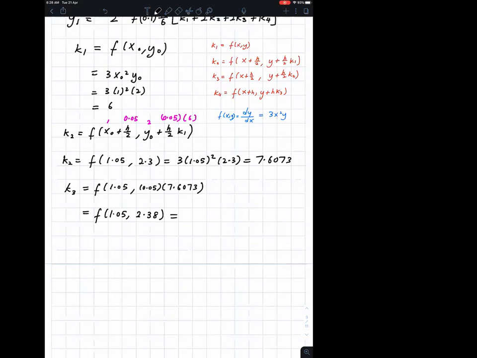So you plug into the formula, you get 1.05 squared multiplied by 2.38.